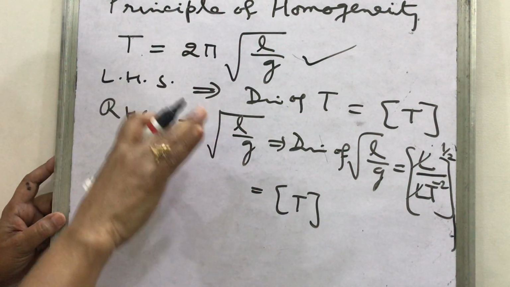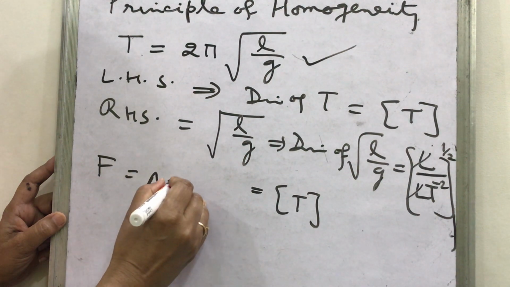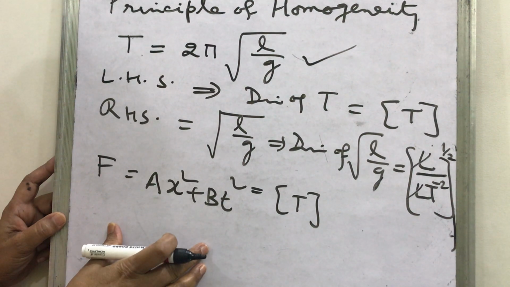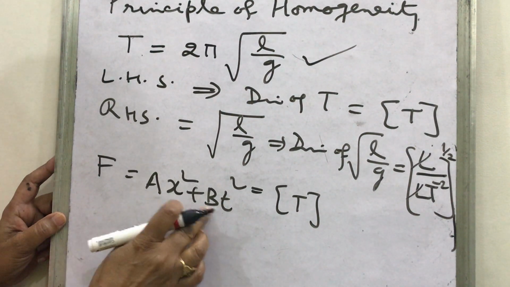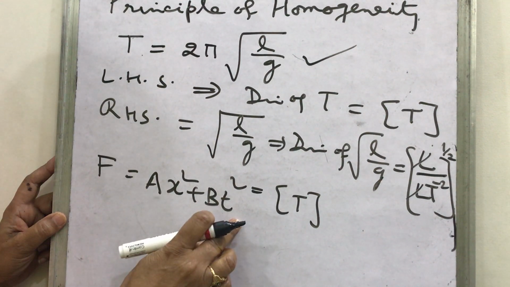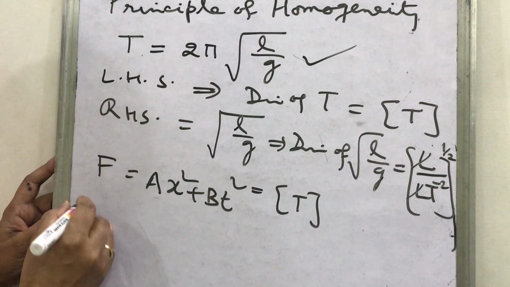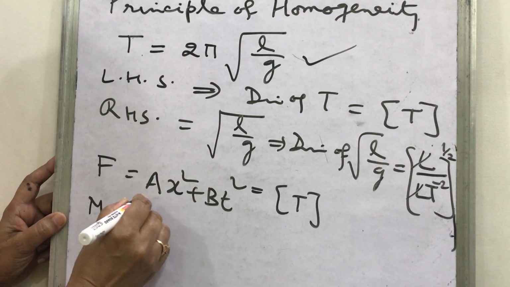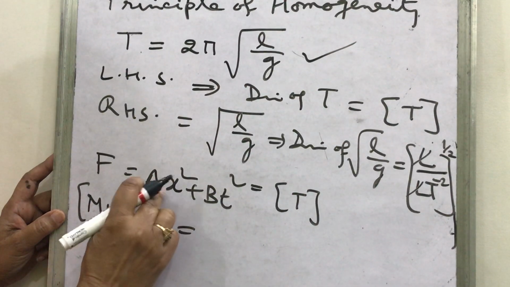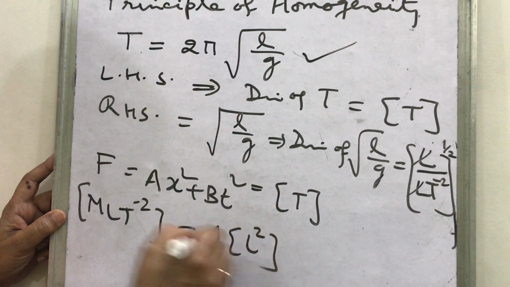There are so many examples. You have to solve this question: F equals ax square plus bt square. Find the ratio of constants a upon b, if x is distance and t is time. How will you find it? Look, dimension of F is MLT minus 2. And what are the dimensions of ax square? a into L square.